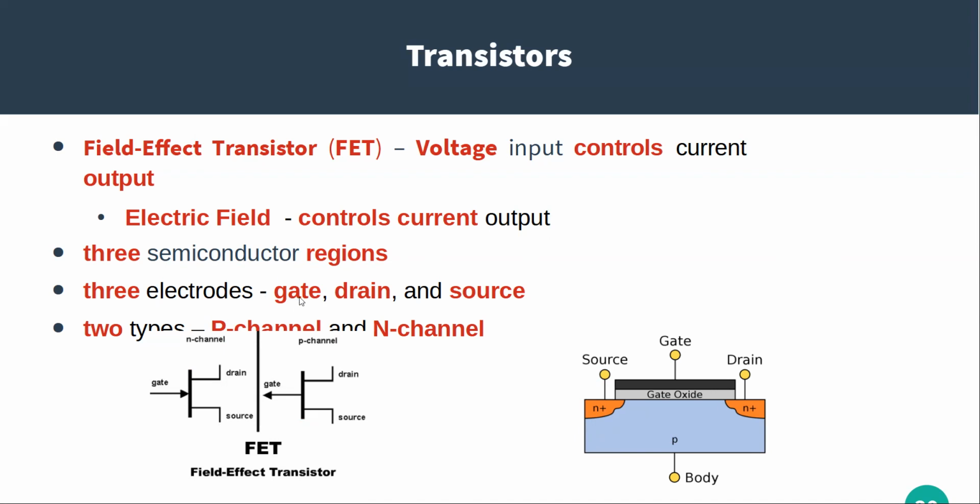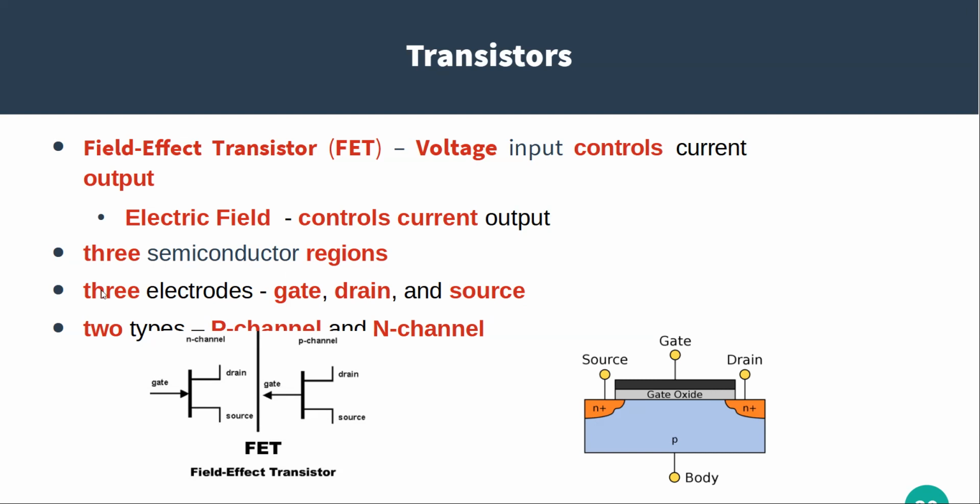The three electrodes are called gate, drain, and source. The gate is the controlling element. It's the gateway, equivalent to the base of a junction transistor. The drain is equivalent to the collector, and the source is equivalent to the emitter.